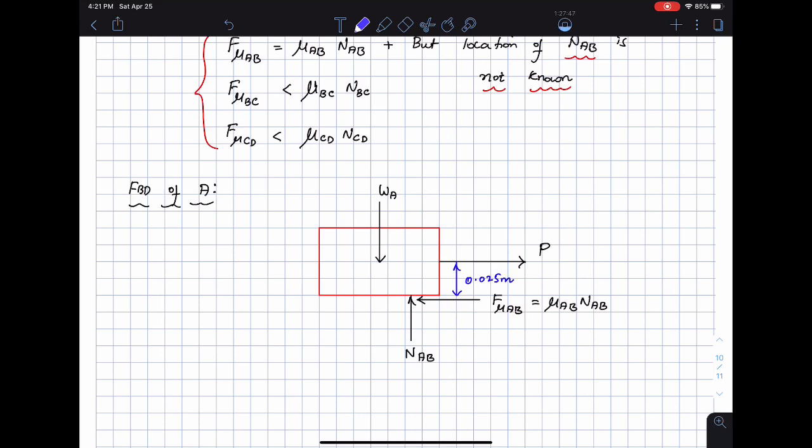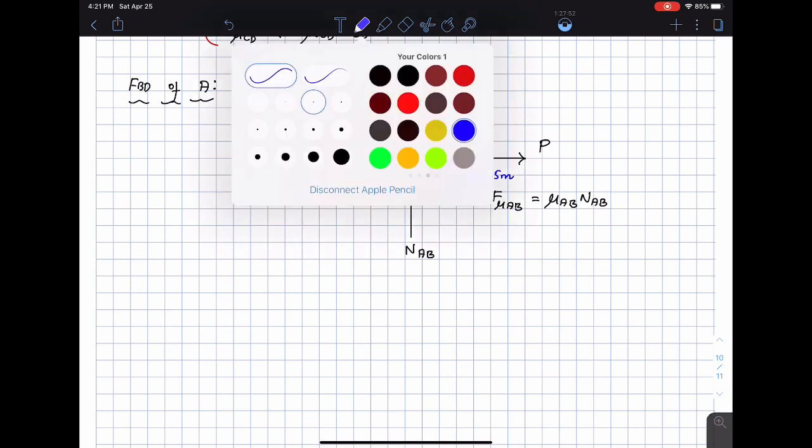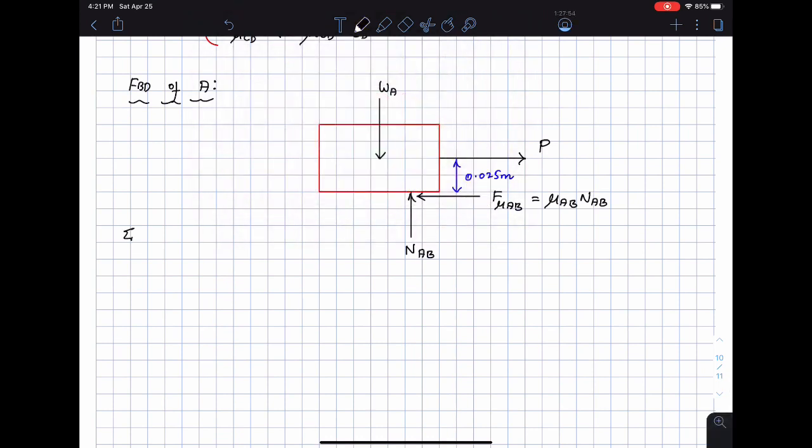to be 0.025 meters. Here is what I'm going to start with: summing forces in the x direction and y direction, which means that the force P is equal to F mu AB. Then I sum forces in the y direction and set them equal to 0.